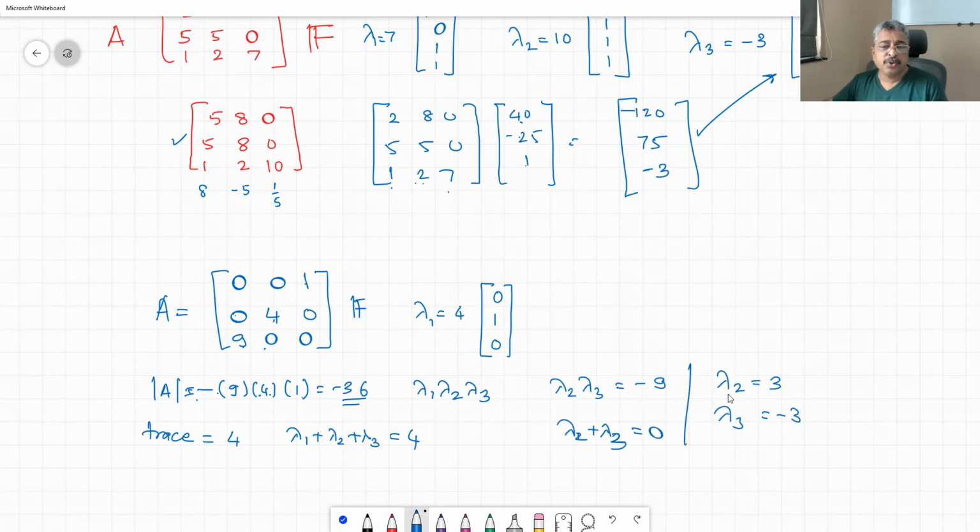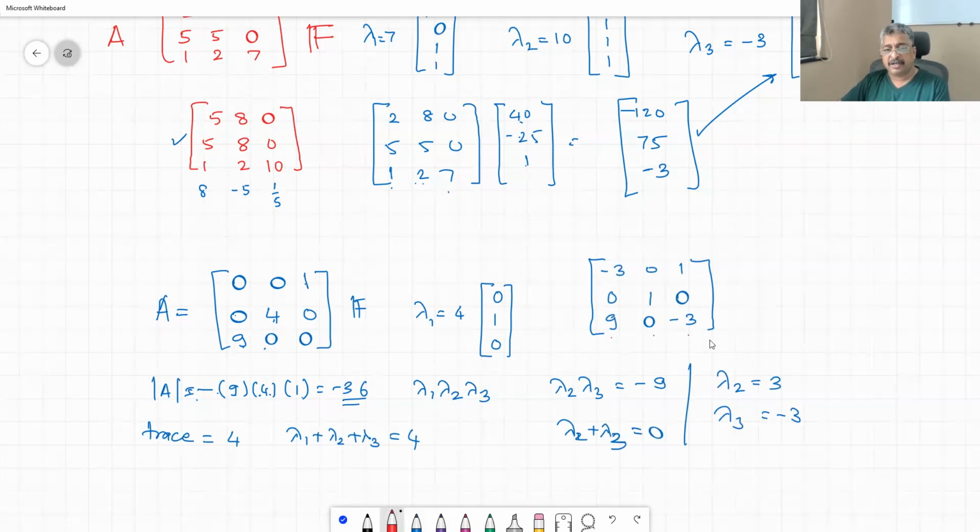Okay. So if you use lambda 2 is equal to 3, your matrix becomes minus 3, 0, 1, 0, 1, 0, 9, 0, minus 3. And now you are supposed to find out the proportion in which you need to mix the first vector, second vector and third vector to get the 0 vector.